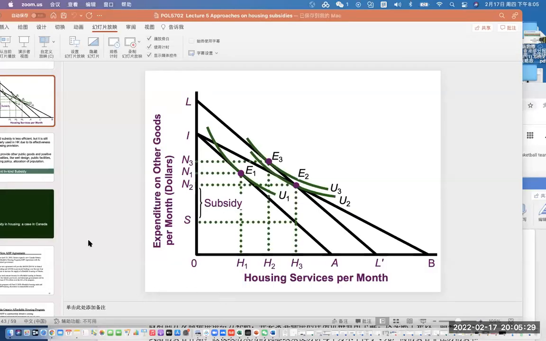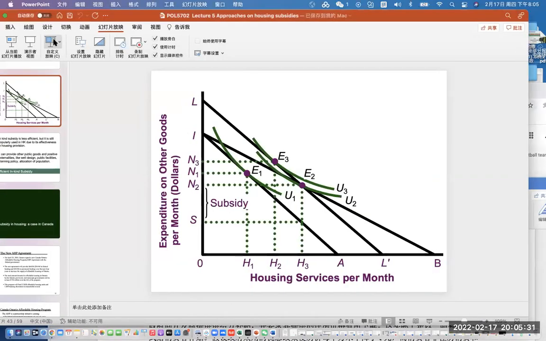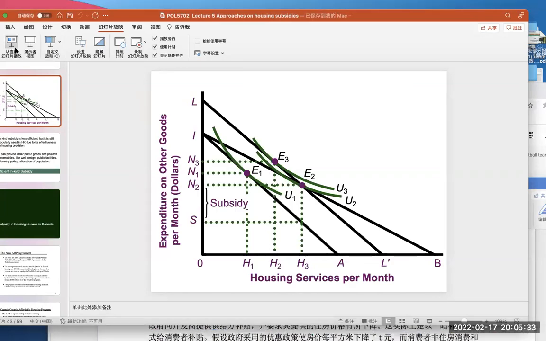if you still remember. Let me try to get back to the PPT slides here. And then you can try to see what I've just mentioned.